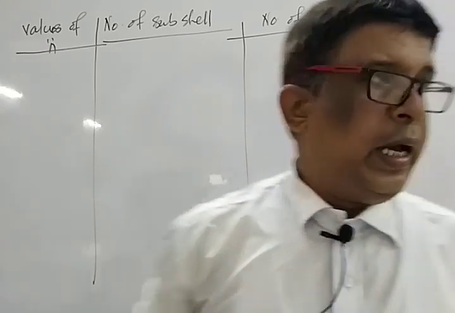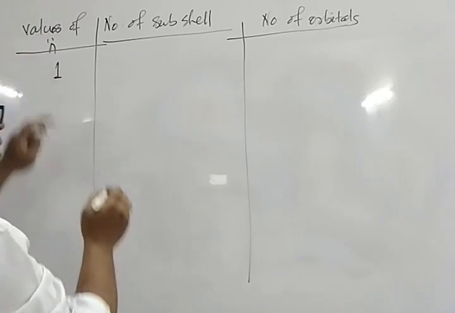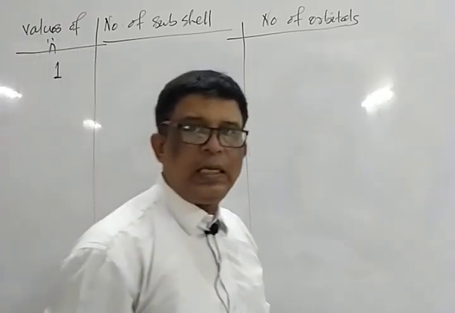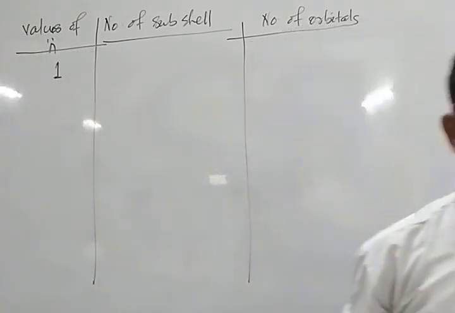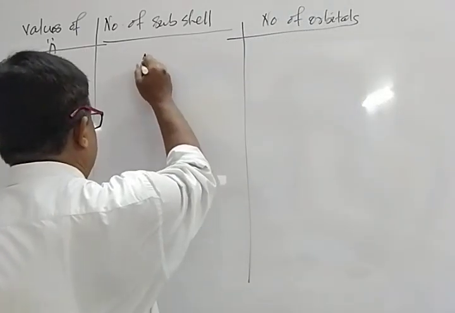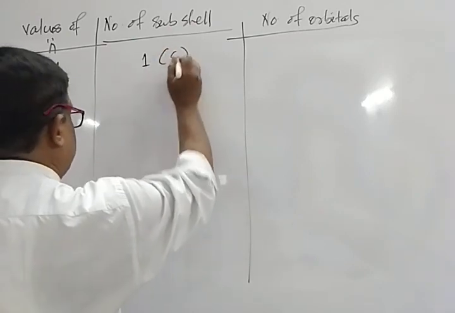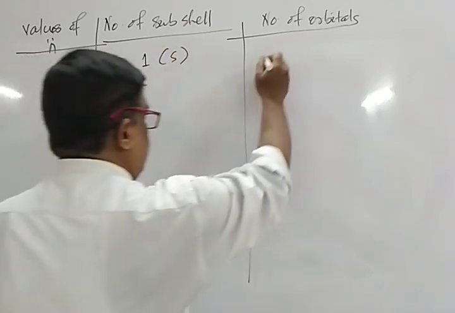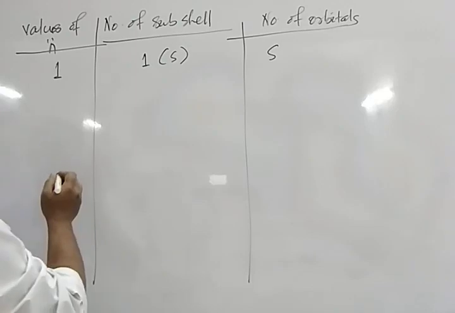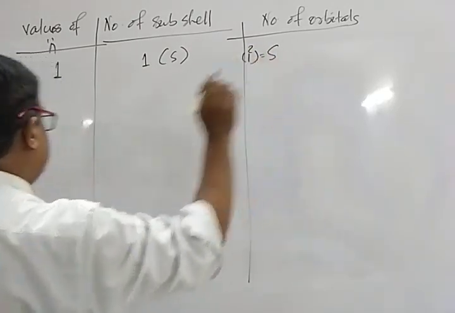Mark that. In case of the first cell, that is the K cell, the number of subcells is equal to 1. That is the S subcell. And the number of orbitals is the S orbital, because 1 square is equal to 1, and that is the S orbital.